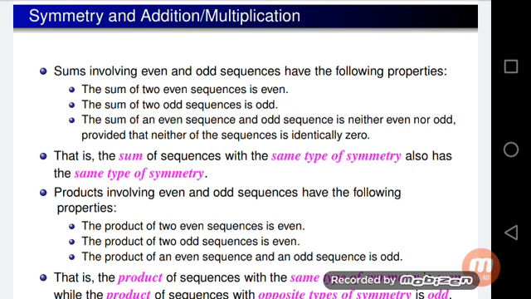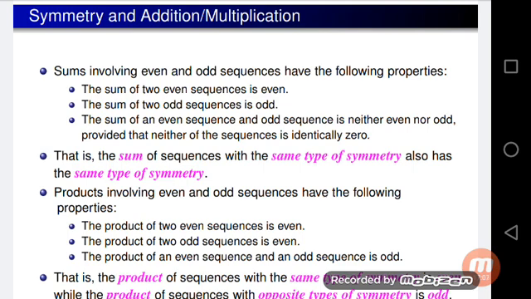That is, the sum of sequences with the same type of symmetry also has the same type of symmetry.